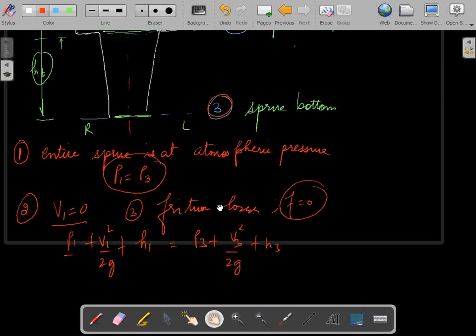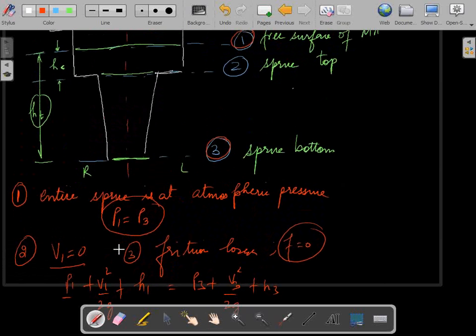Now if you look at it, P1 and P3 are cancelled off. V1 is 0, so it is not existing. The value for H1 is HT because you are measuring from the datum plane, that is your reference section number 3. So section 1 is at a height of HT.